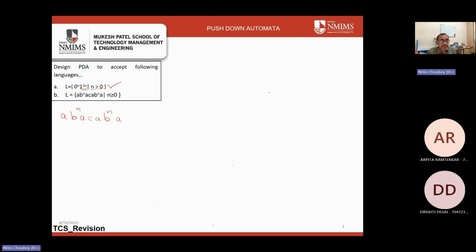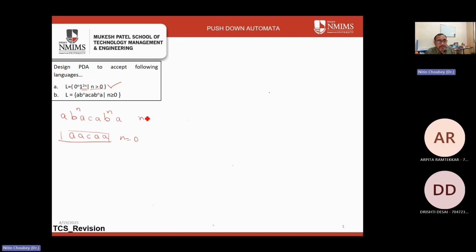If we have b's, as many times as b's are available, that will be the value of n. But if we don't have b, our string will become a c a, isn't it? This will be the case when n equals 0.